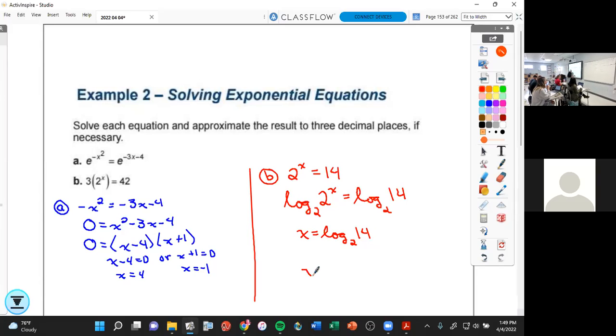So I can write that as x equals natural log of 14 divided by natural log of 2. And again, folks, it doesn't matter. You could enter either one of these into your calculator. If you're not using the TI-84, one of the more sophisticated calculators, you need to do the change of base and change it to natural logs.